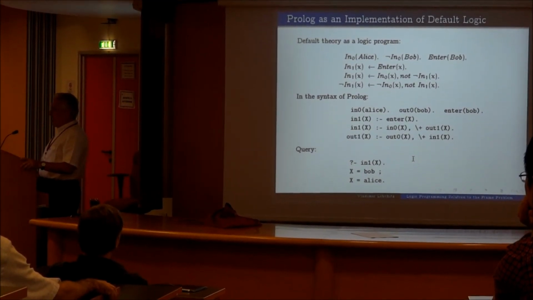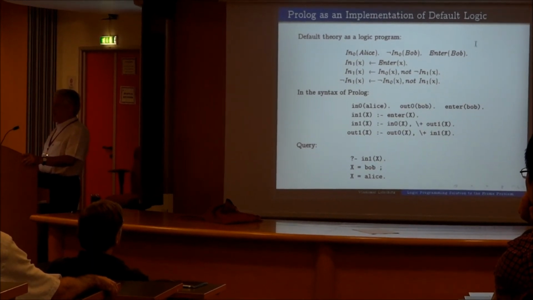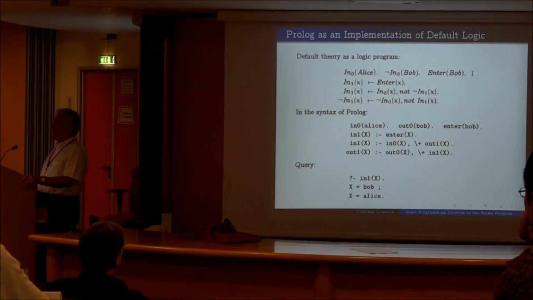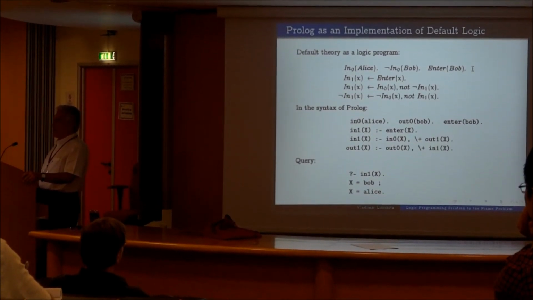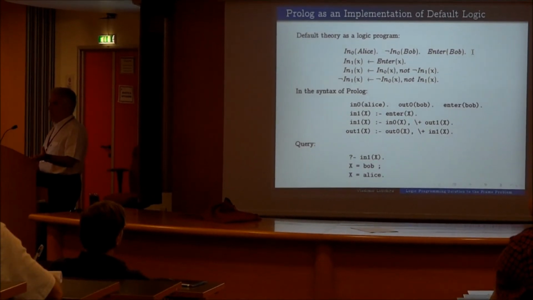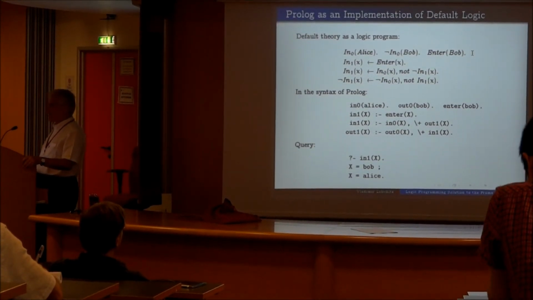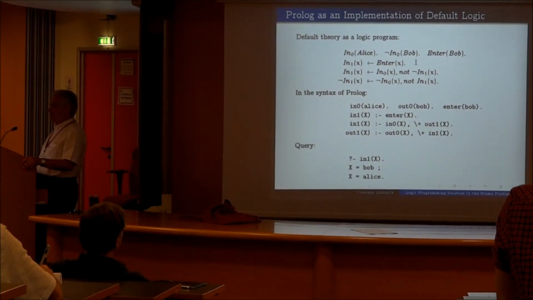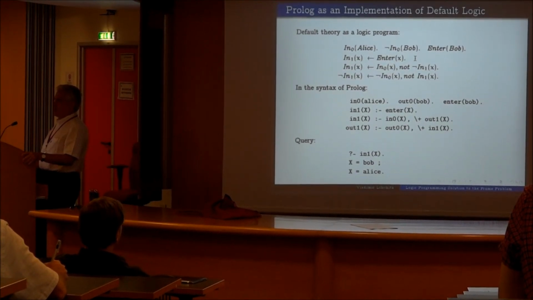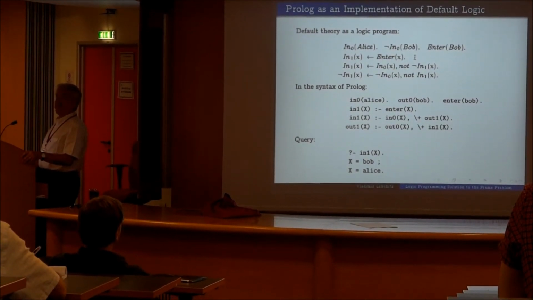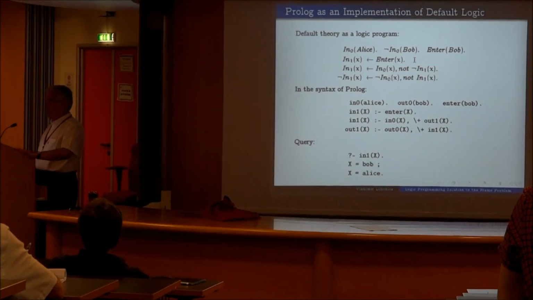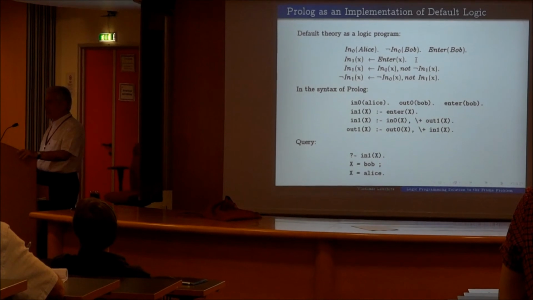So if, for instance, we take our example, what you see here in the first line are three literals, identical to the axioms that we had in our first example. In the second line of this logic program, you can see our description of the effect of entering a room written as a Prolog rule, or as an inference rule.